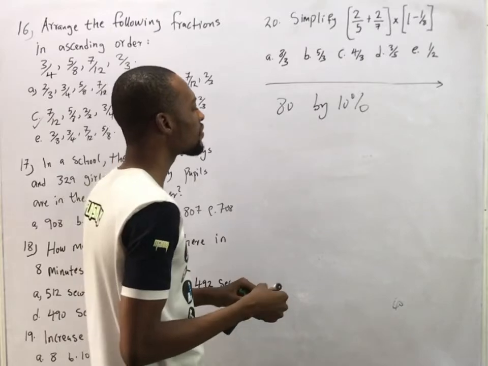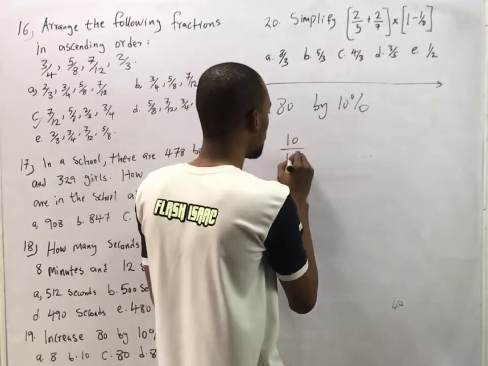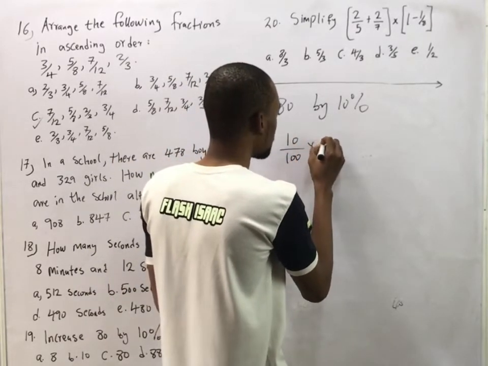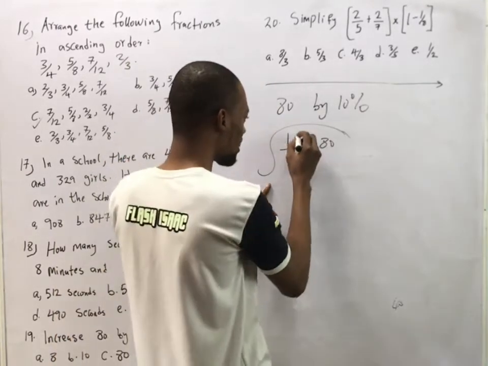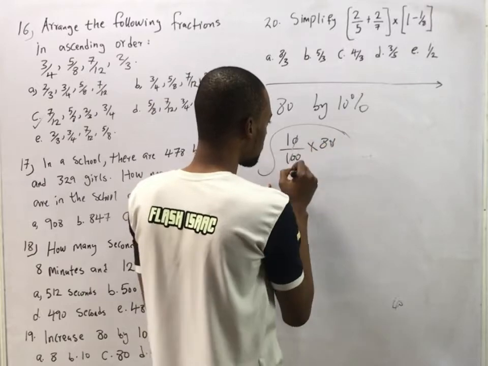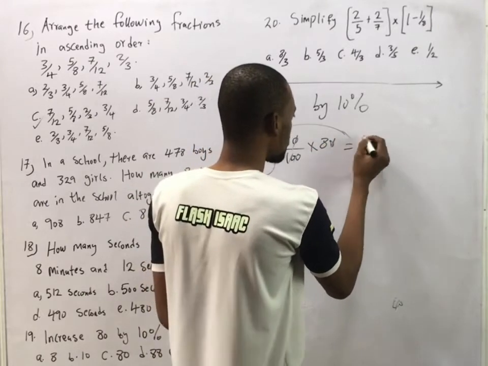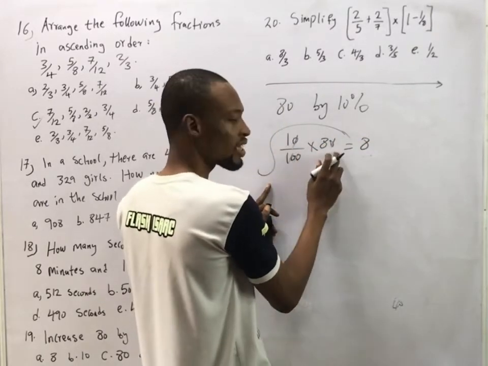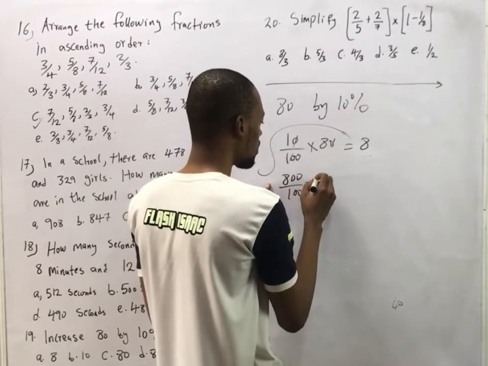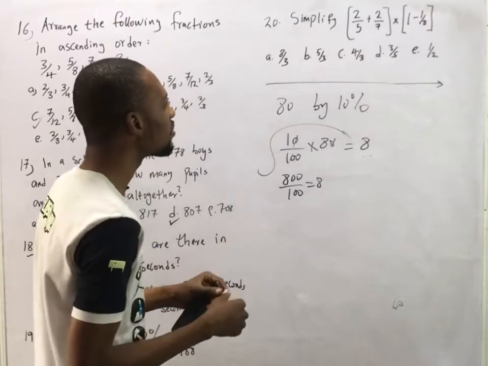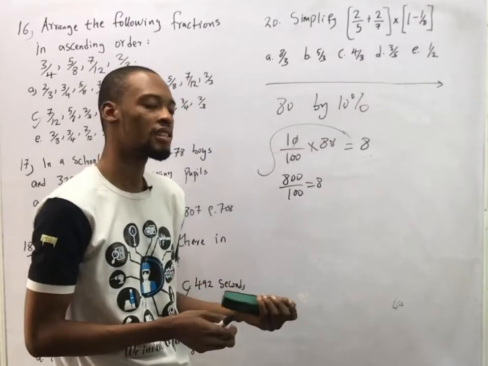For example, 10% of 80 is simply 10 over 100 times 80. So 10 cancels 10, and this will give you 8. Or better still, 10 times 80 is 800 over 100, which is 8. So 10% of 80 is 8.